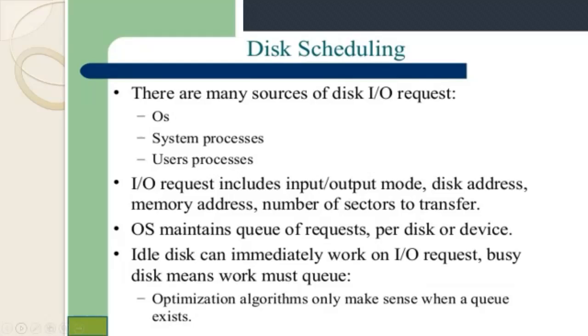The operating system maintains a queue of requests per disk or device. For each device, there is one queue. An idle disk can immediately work on an input-output request, and for a busy disk the request must queue.